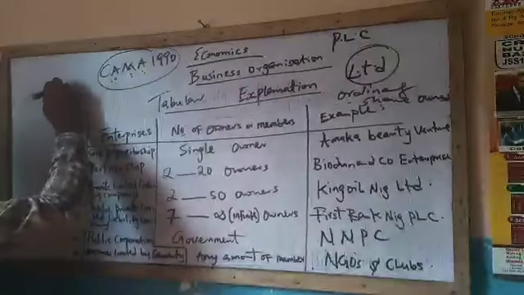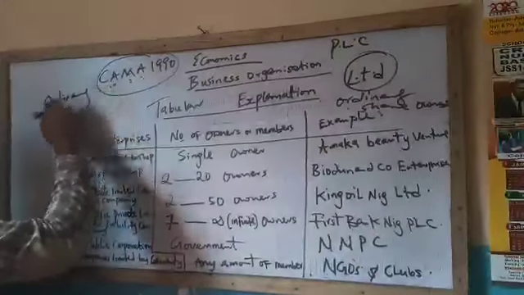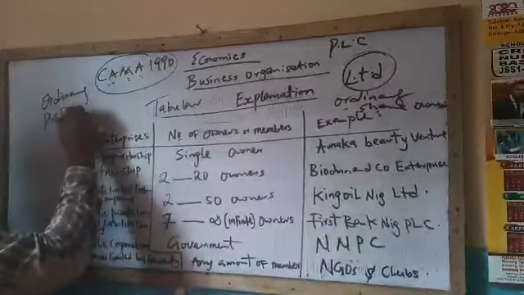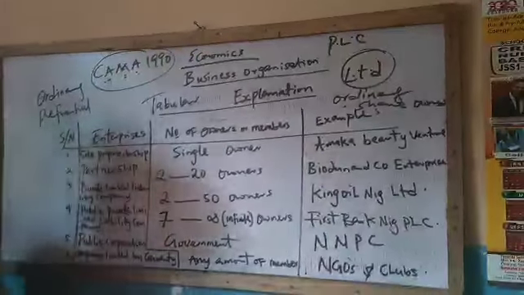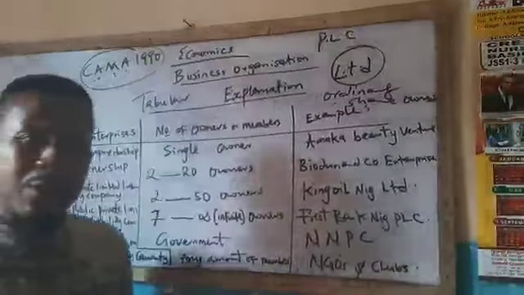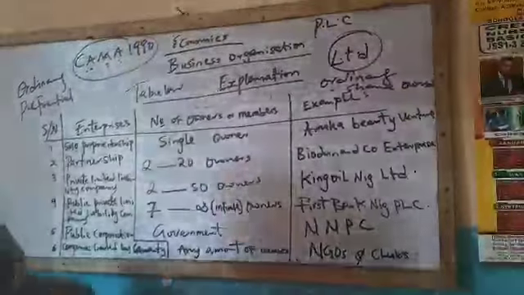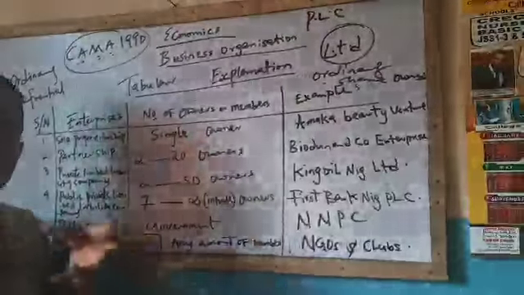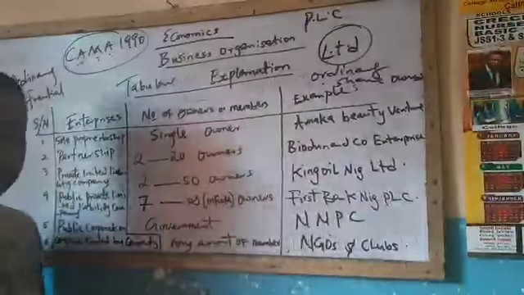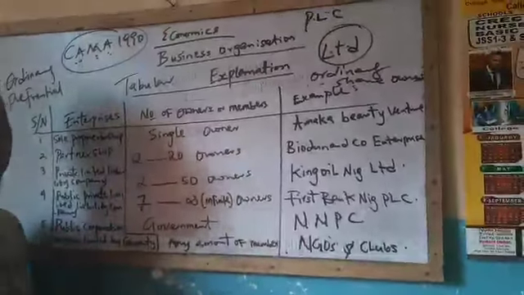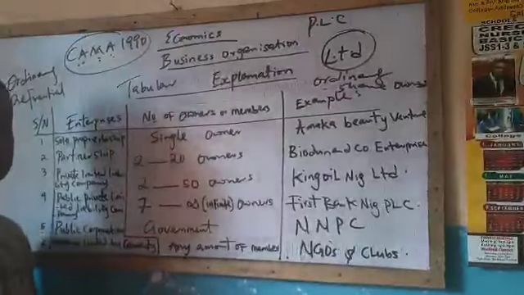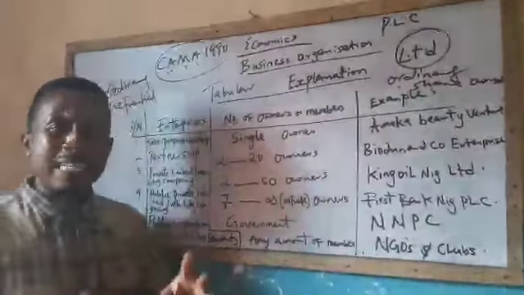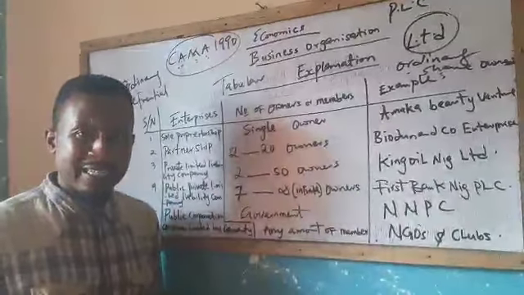The ordinary shareholders and the preferential shareholders. The ordinary shareholders are the true owners. These are the people that contributed the money for incorporating and starting the business. These are the people whose names are in the letter of incorporation when the business is being created.